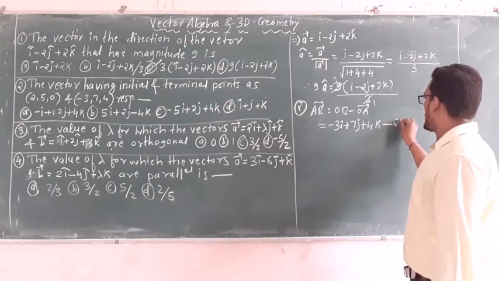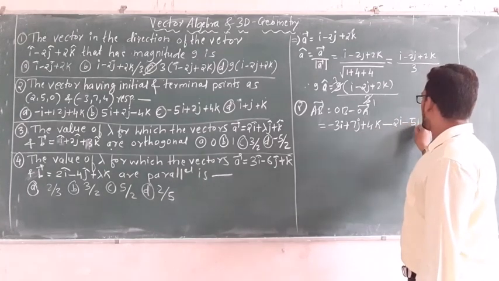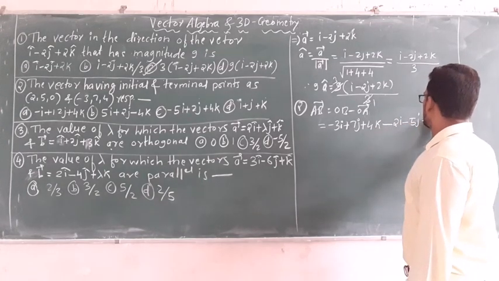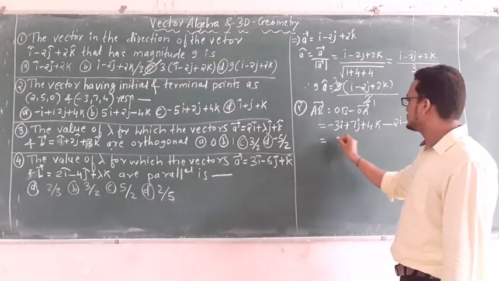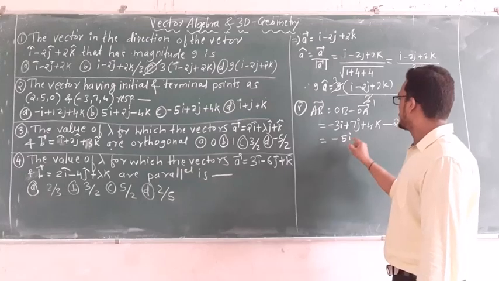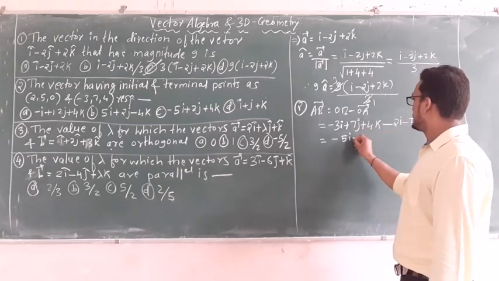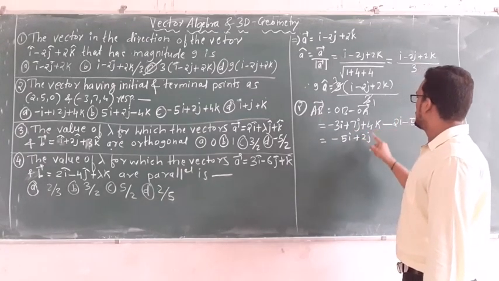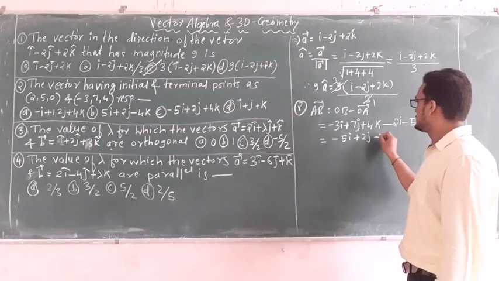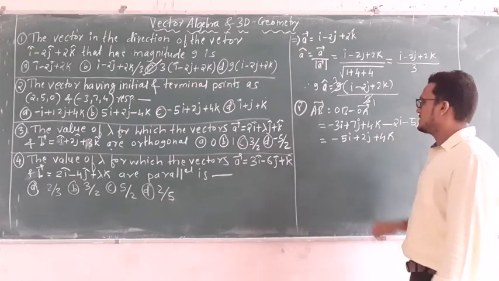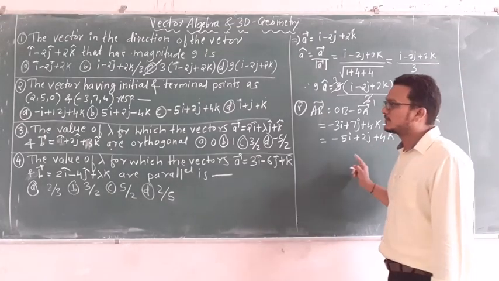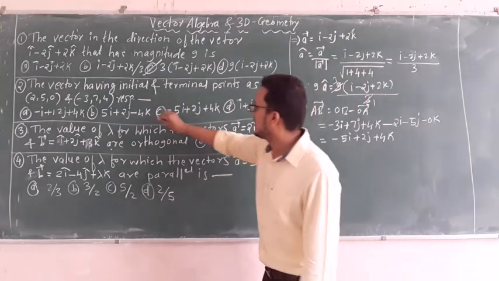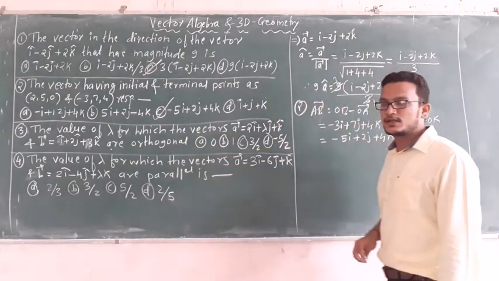So it is minus 2i minus 5j minus 0k. When you do the subtraction, minus 3 minus 2 is minus 5i, plus 7 minus 5 is plus 2j, plus 4 minus 0 is plus 4k. So the answer is minus 5i plus 2j plus 4k. Again option C will be correct.